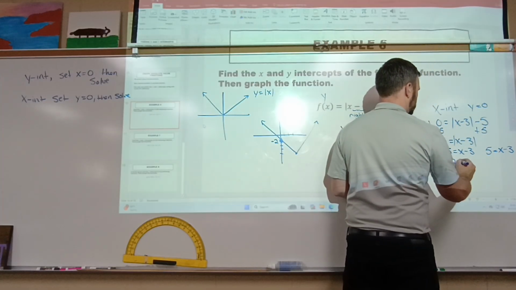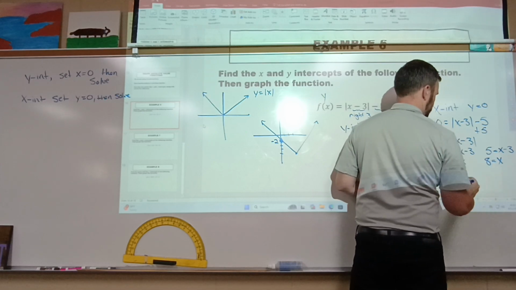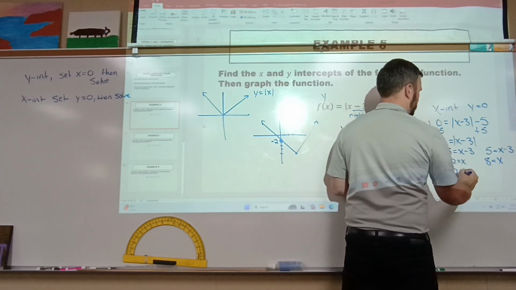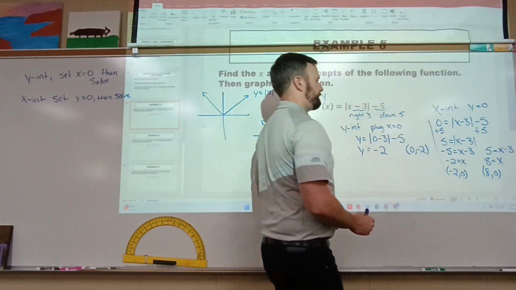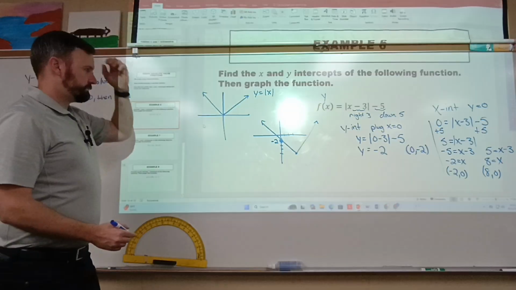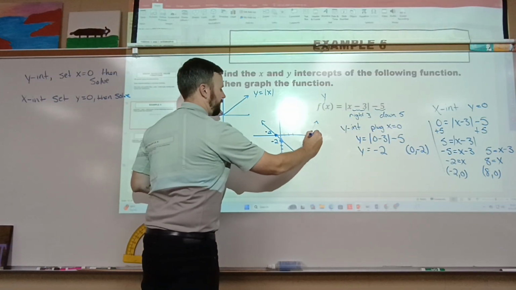So negative 2 equals x, and 8 equals x. The points are negative 2, 0 and 8, 0.